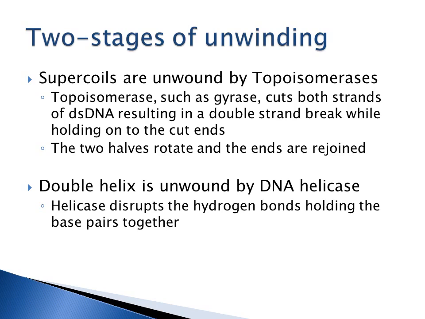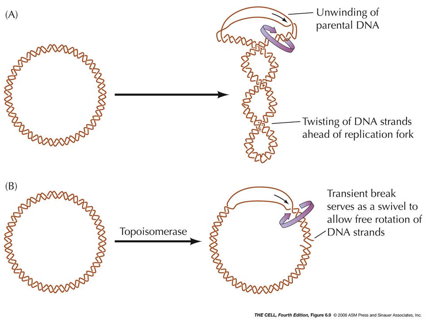The double helix is unwound by the enzyme helicase. What helicase does is it disrupts those hydrogen bonds that hold those base pairs together so that those can be separated. So we have a schematic of how this unwinding occurs.